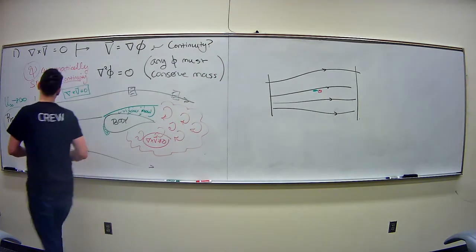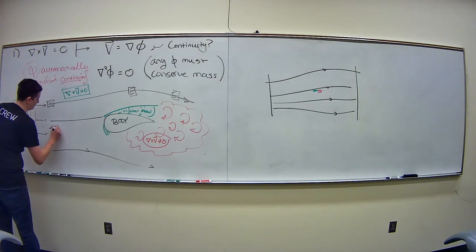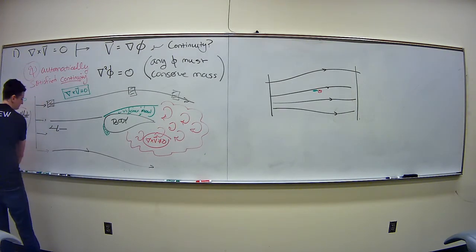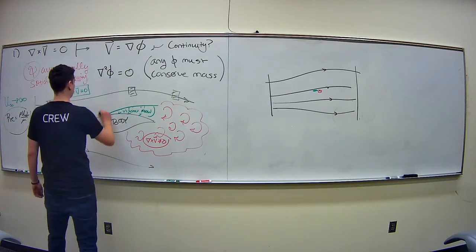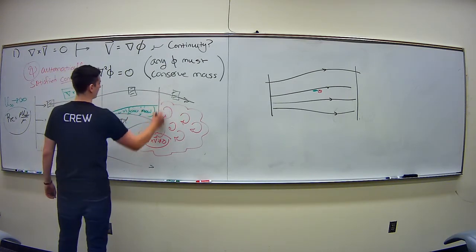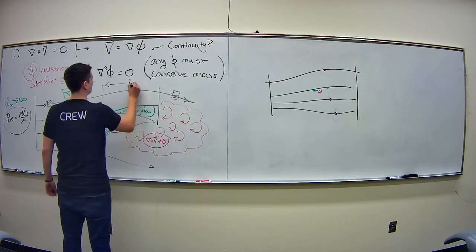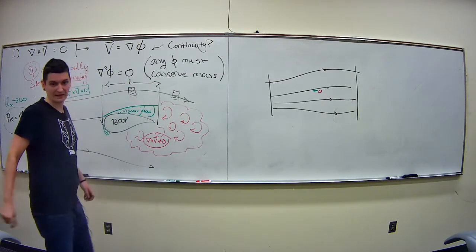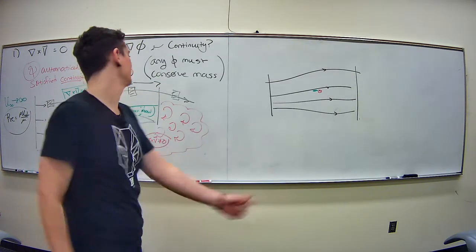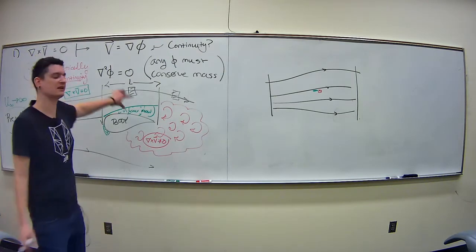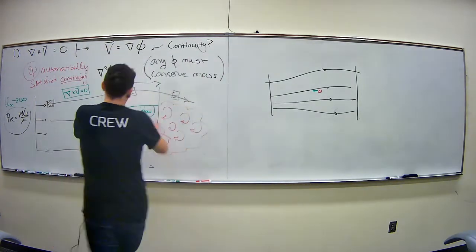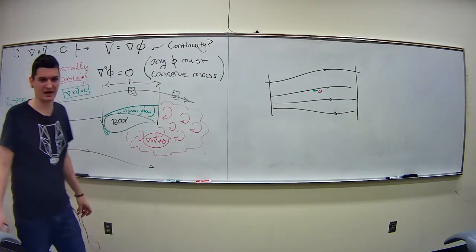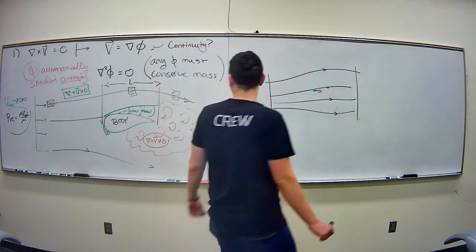So if this flow exists on some length scale, what's the length scale? I would say probably the length of the wing. If I zoom in, I can kind of see the wingspan of this airfoil. Then all these things are happening at the same time, and it's really rough.